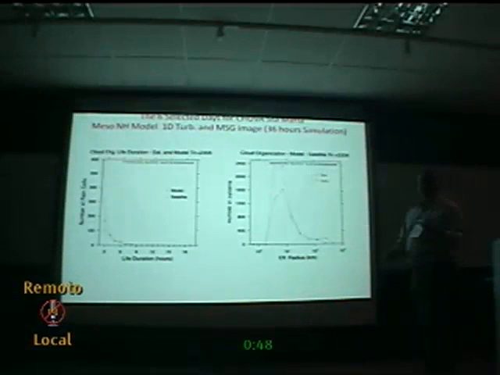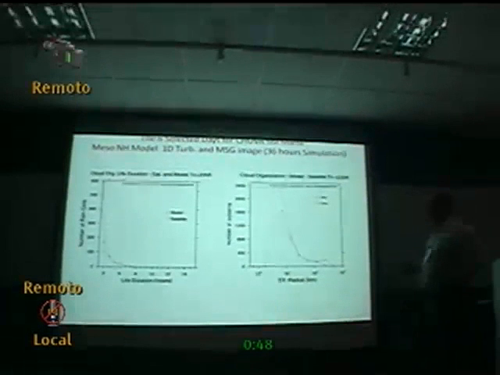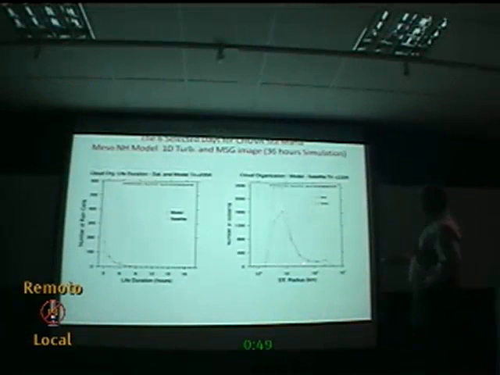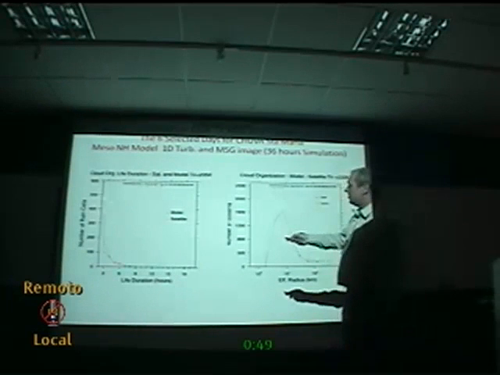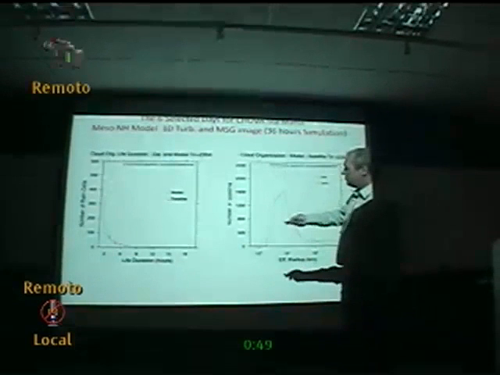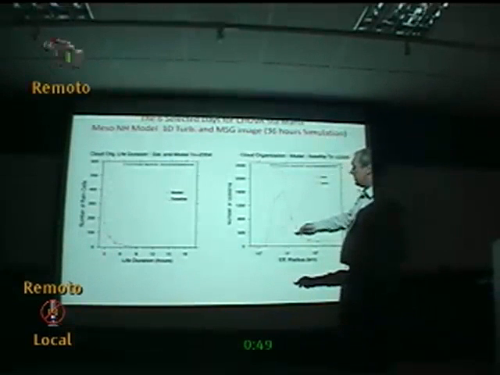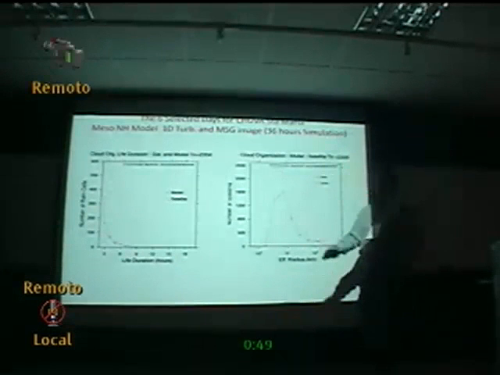This is what the model is doing. It produces many more small cells, and something needs to be tuned in the model to fit the same size. At the same time, it does not show the big organization of the same size. Here is the life cycle duration. You can see also that the model has much shorter life cycle durations than the reality shown by the satellite.